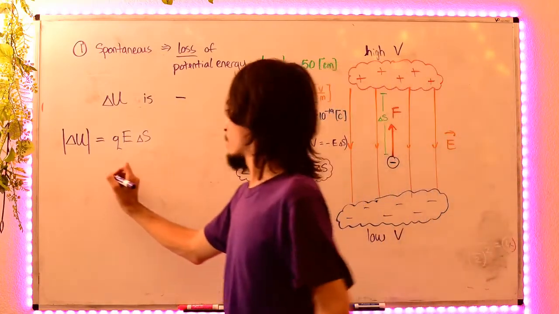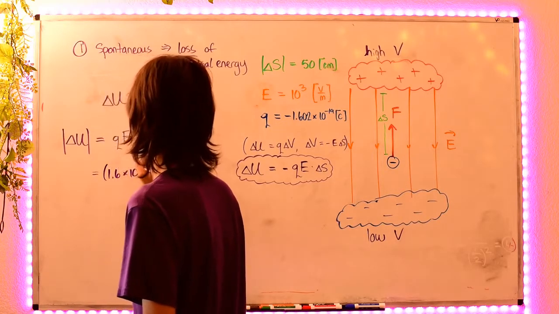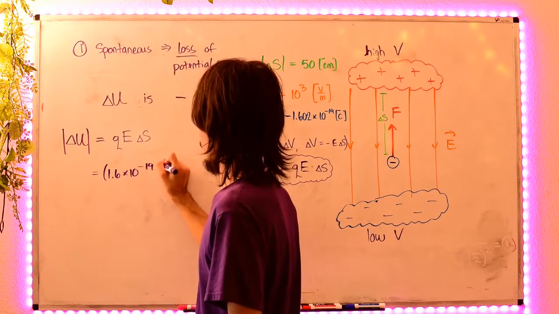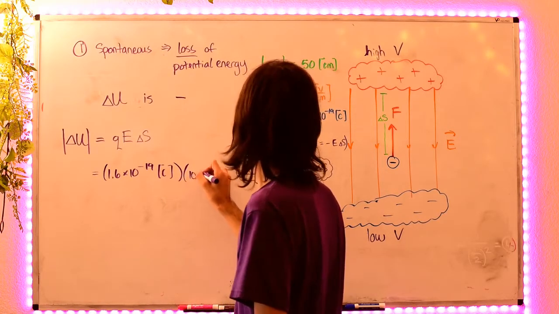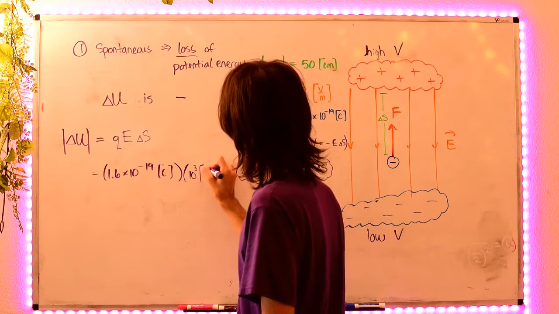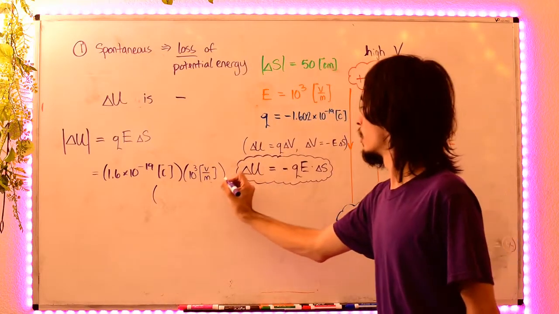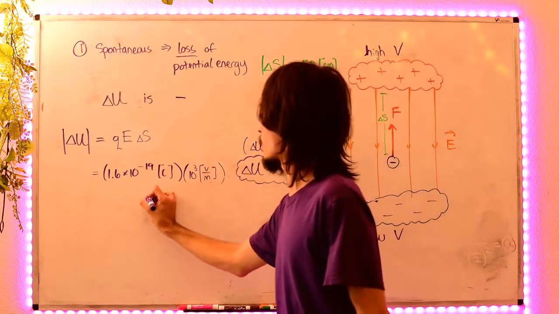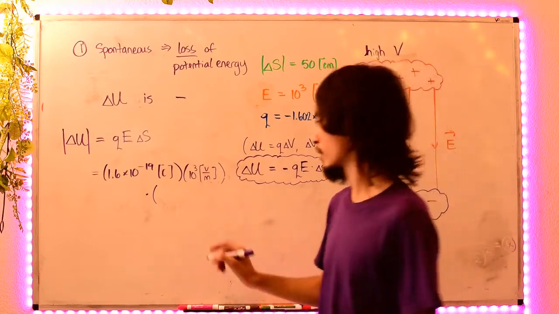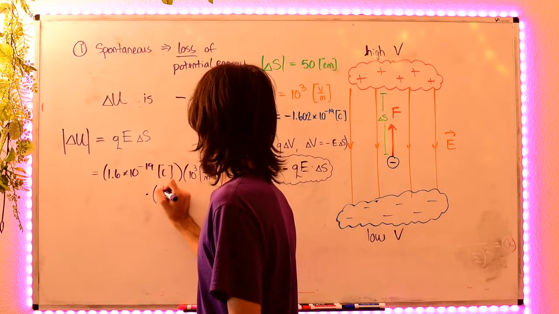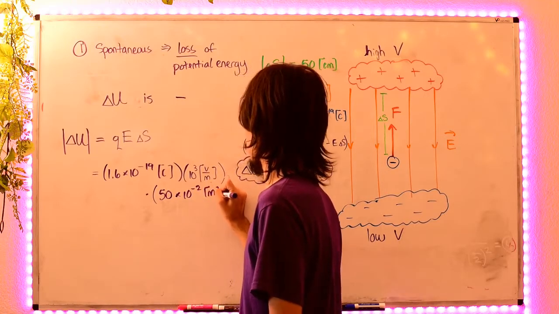And in that case, if you plug in all of the numbers, 1.6 approximately, times 10 to the minus 19th coulombs, times the electric field strength, which is 10 to the third volts per meter, times the distance, is 50 centimeters, but you should change that to meters. So if you just throw it into scientific, it's 50 times 10 to the minus 2 meters.